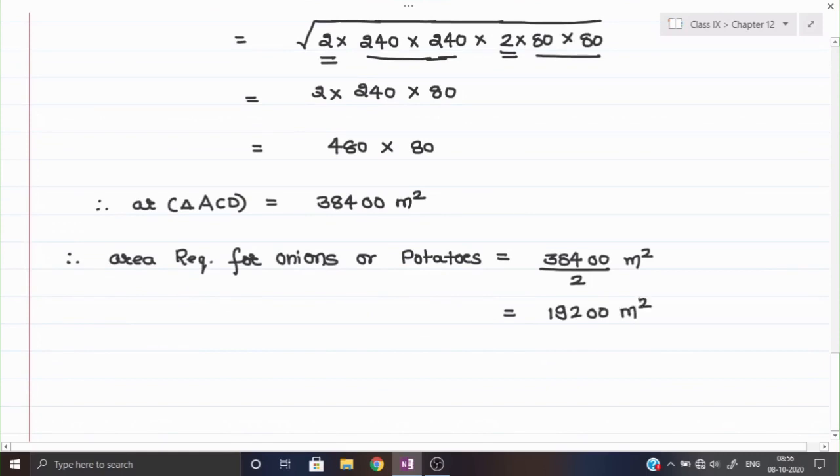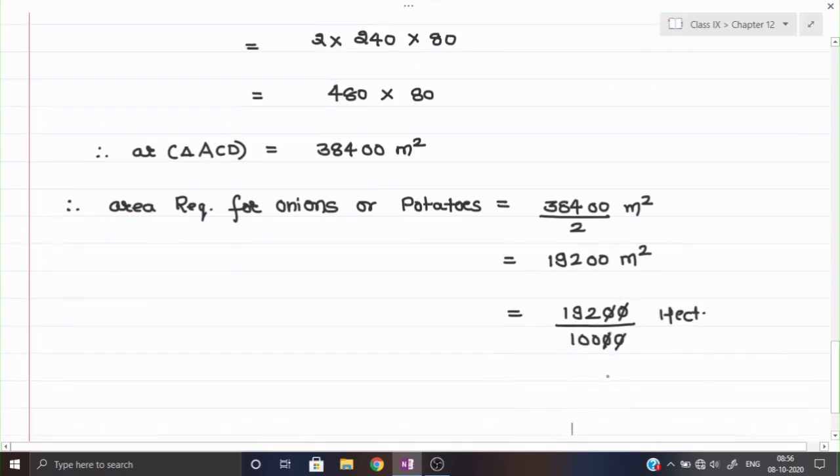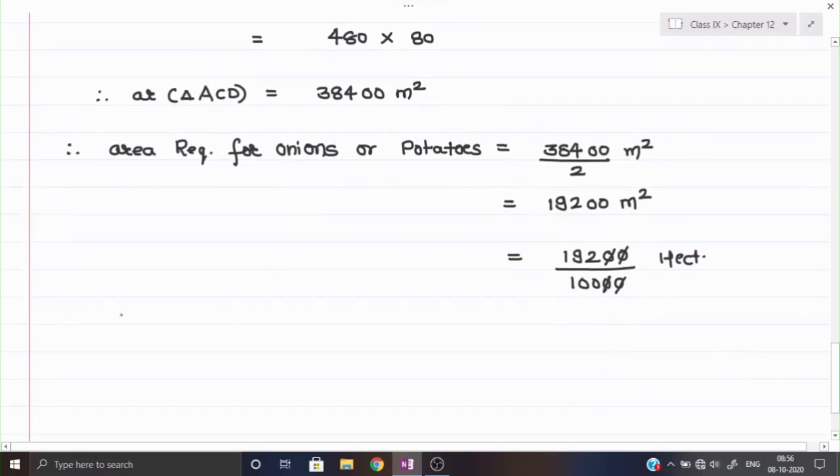Actually we got the area, but here we need to convert into hectare. So again we shall divide it by 10,000. Okay, so 19200 divided by 10,000 to convert into hectare. Here 2 zeros we can cancel directly, and since 2 zeros are remaining, the decimal can be put after 2 places.